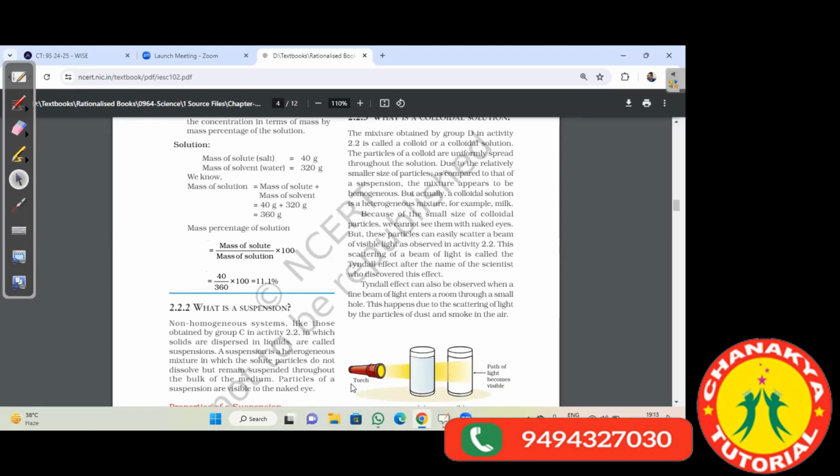But they are not true solutions. They are colloids. Here, the size of the particles is greater than those of the true solution and smaller than those of suspensions.